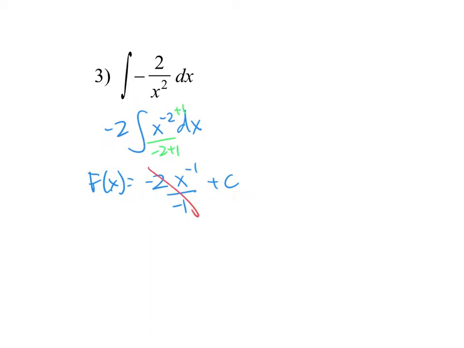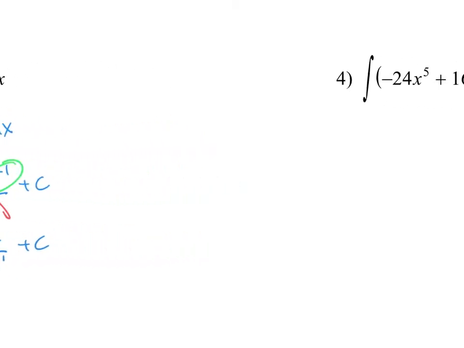This negative 2 over negative 1 is going to simplify just down to a 2, and the x to the negative 1 goes in the denominator. So this right here, x to the negative 1, make it positive by putting it into the denominator, and there you have that one.